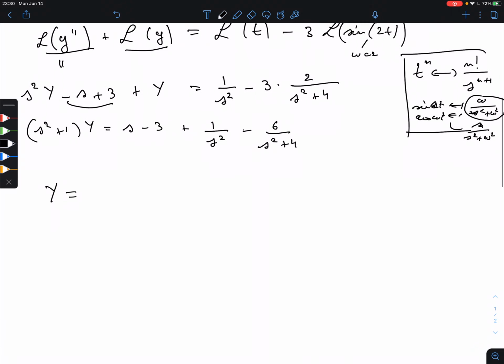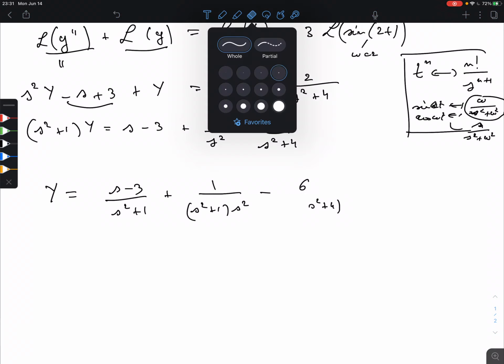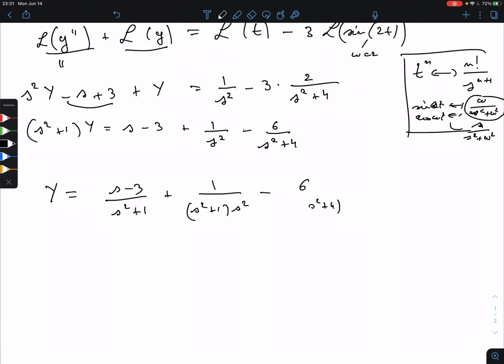So let's see what we have. We get s minus 3 divided by s squared plus 1, plus 1 over s squared plus 1 squared, minus 6 over s squared plus 1 times s squared plus 4. We're dividing everything by s squared plus 1.